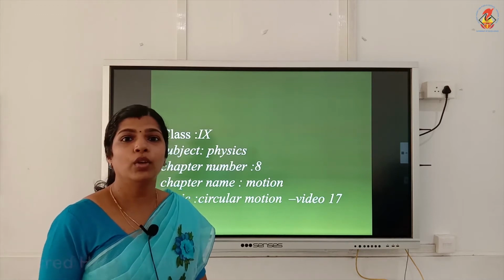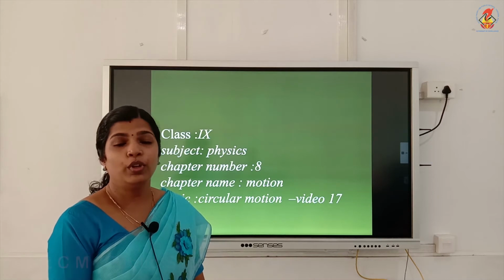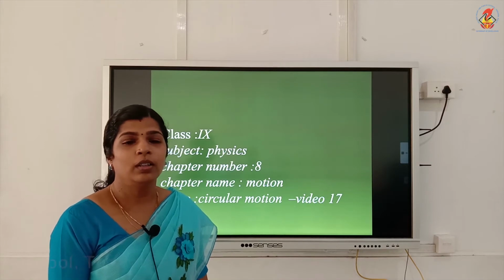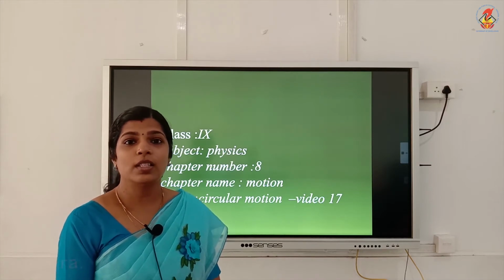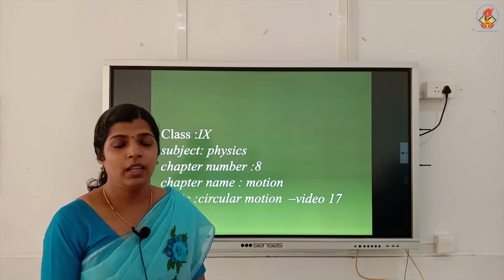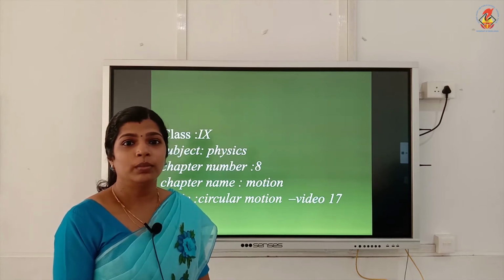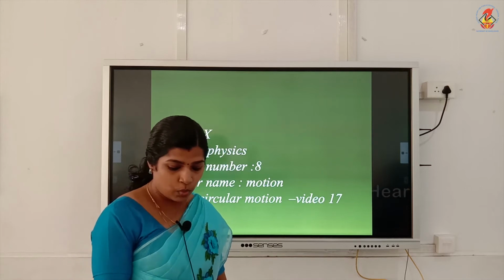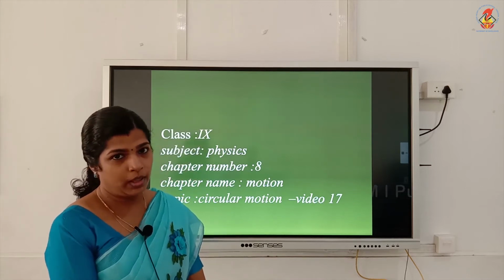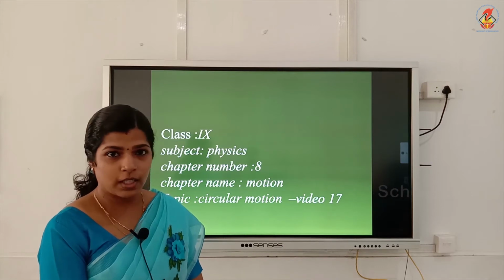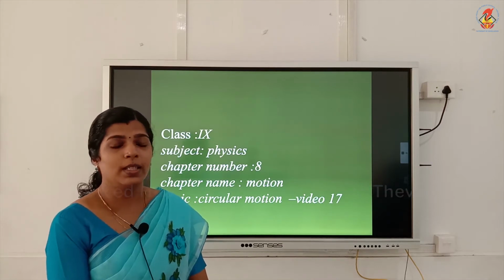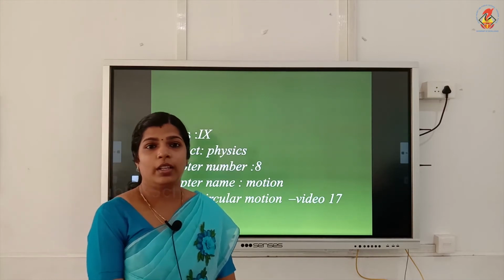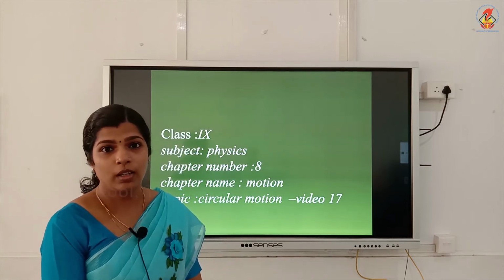Now, uniform circular motion: if an object is moving along a circle, or along the circumference of a circle, with constant speed, meaning the speed is not changing, then we will call it uniform circular motion.